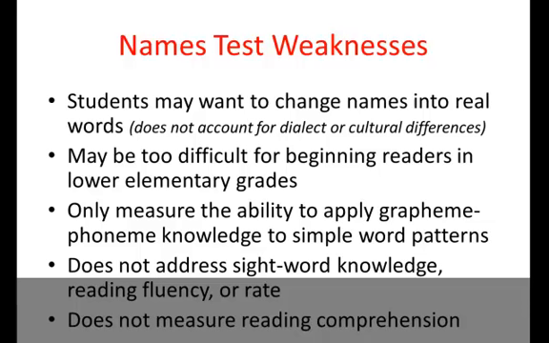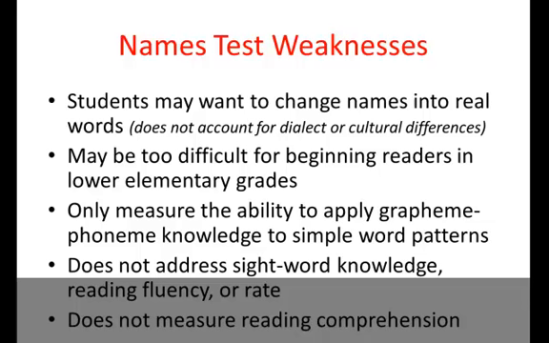But students may want to change names into real words. So this assessment does not account for dialect or cultural differences, which is one of the biggest problems with the names test. And it's clearly too difficult for beginning readers in lower elementary grades. However, there is an early names test for younger readers that can be found in your text in the phonics and decoding chapter, in which Nancy Mather and her colleagues have adapted the names test for younger readers.